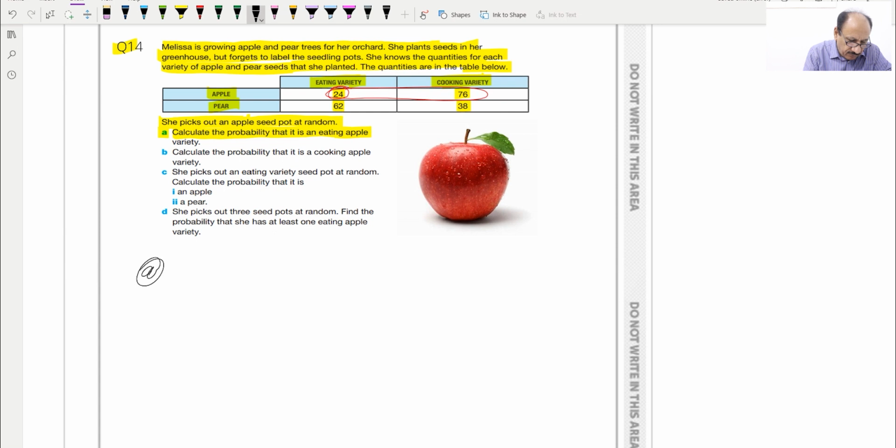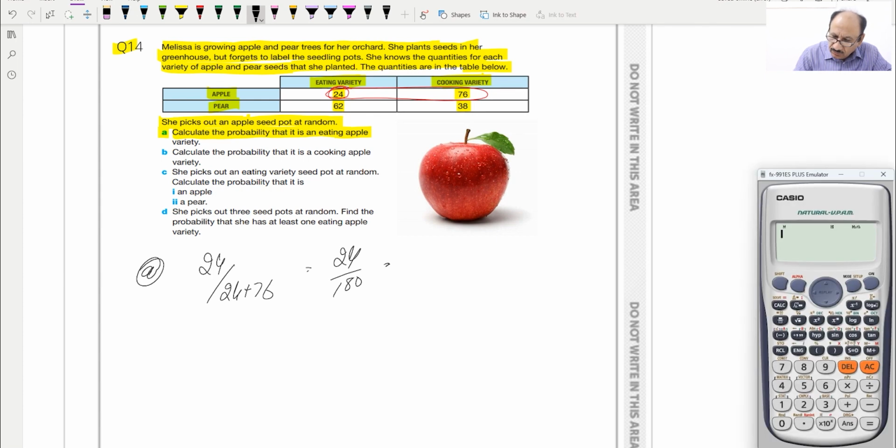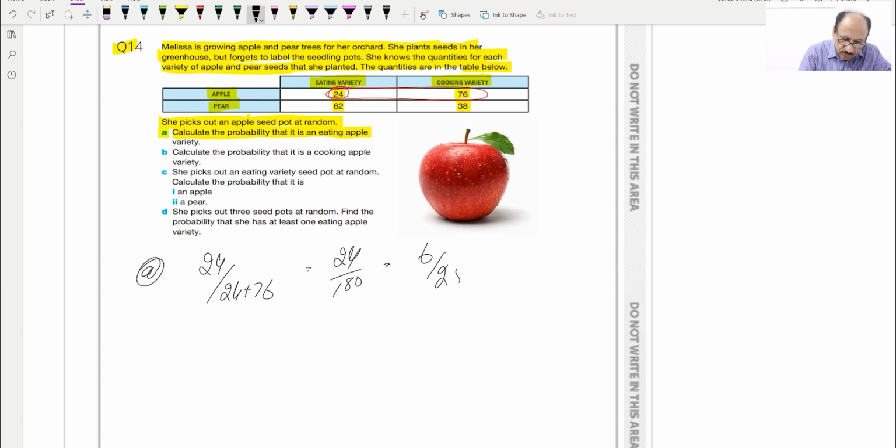So for A part, it will be 24 out of 24 plus 76, which is equal to 24 over 100, which we can simplify as 6 by 25. So 6 by 25 will be the answer for A part.